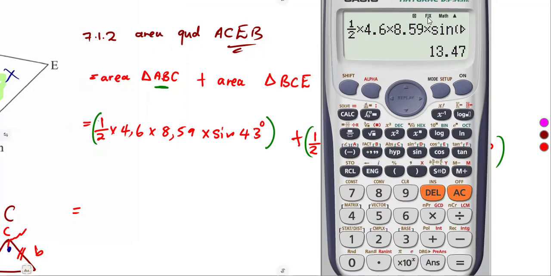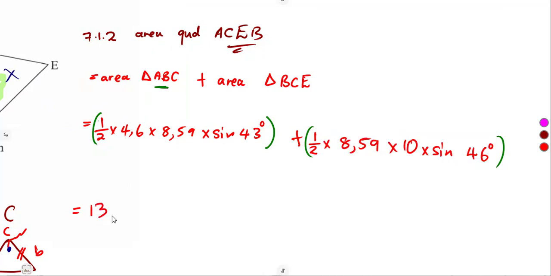Remember, we fixed our calculator to 2 decimal places. So that is 13,47 plus, simplifying this in the same manner, that gives you 30,90. Adding these two, we obtain 44,37.